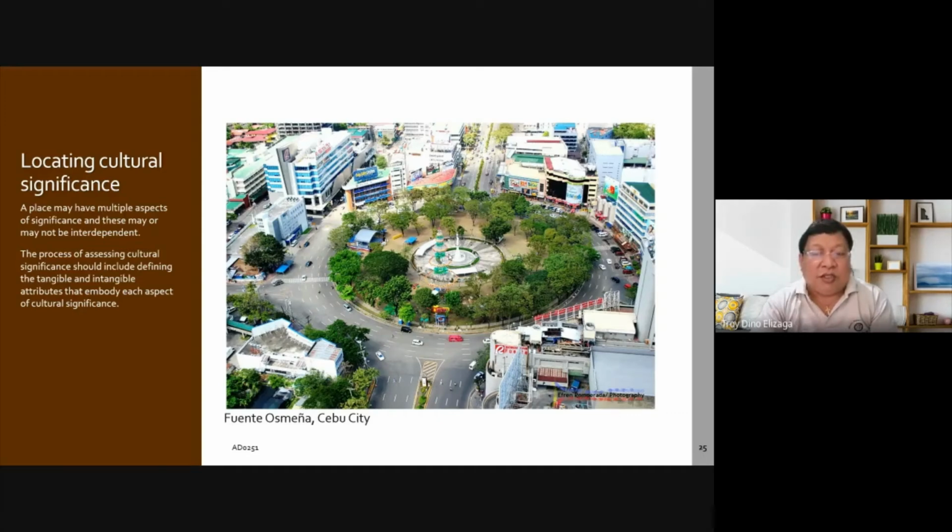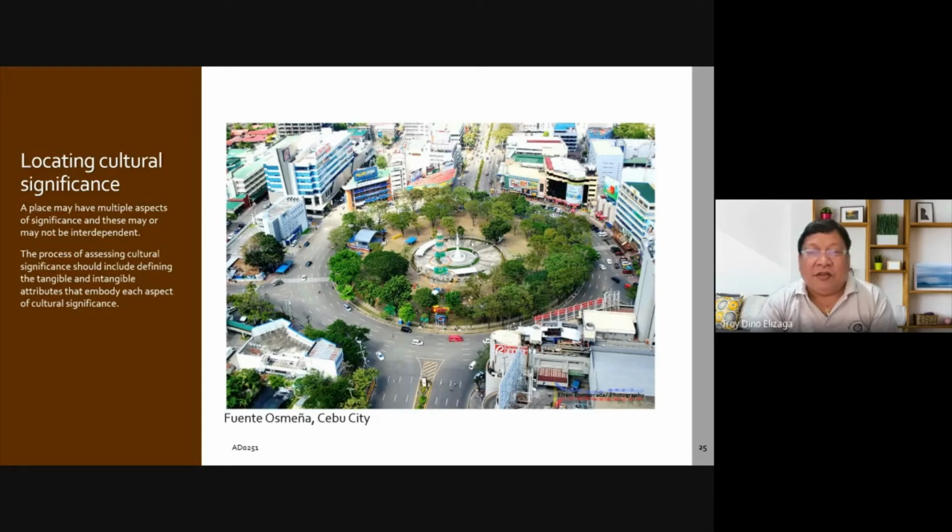Aside from the fact that it is a node because it is circular, it is a roundabout. I forgot what this is called. Sorry, but the fountain itself, which is no longer functioning as a fountain, used to mark the start of the water system in Cebu City.